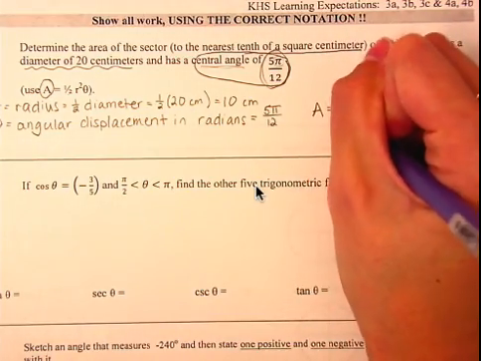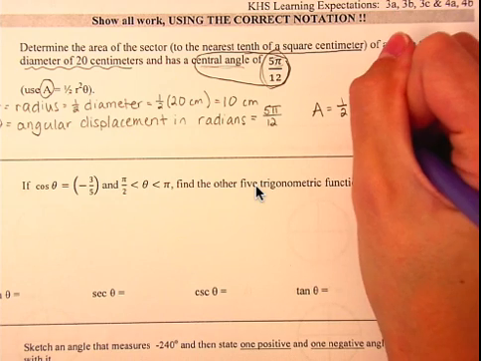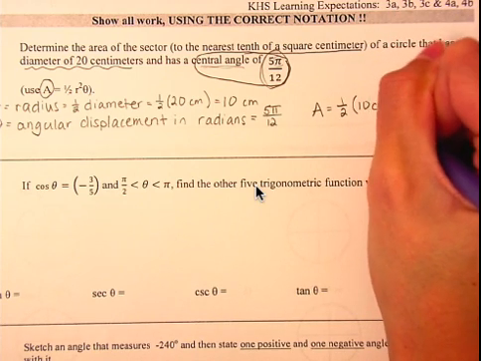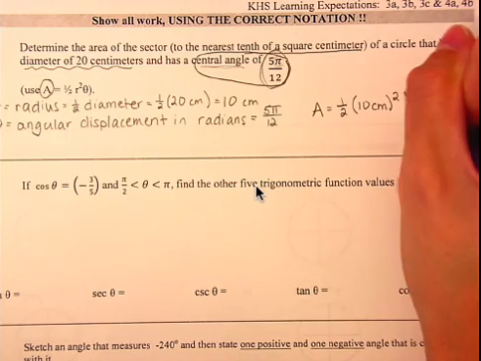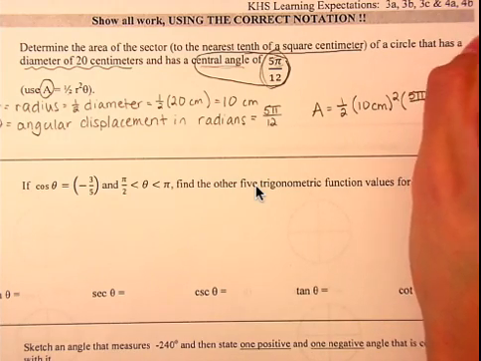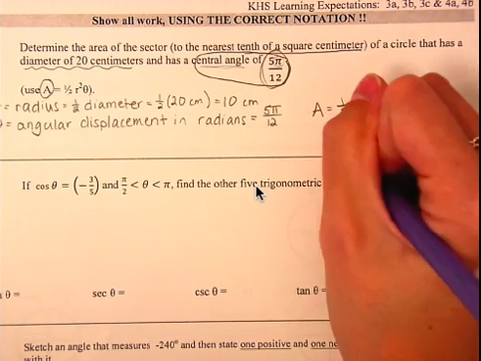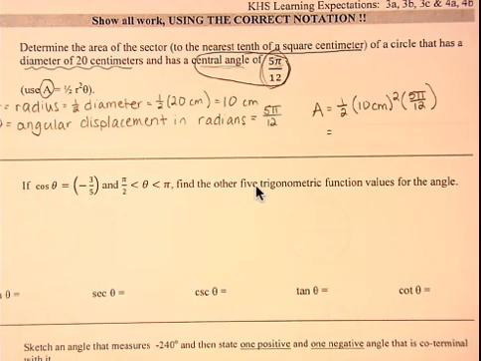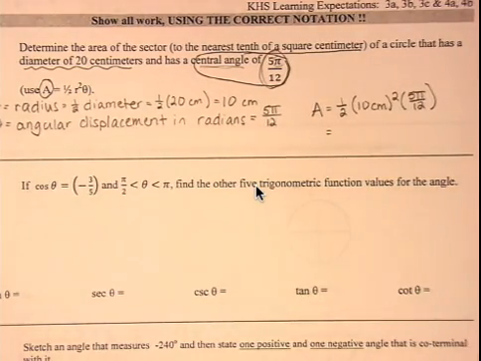A equals 1/2 r squared, my r is 10 centimeters, times my theta, 5 pi over 12. You can do this out and figure out the exact value, but I'm going to tell you now, you have a calculator, save yourself time and just put it directly into your calculator.